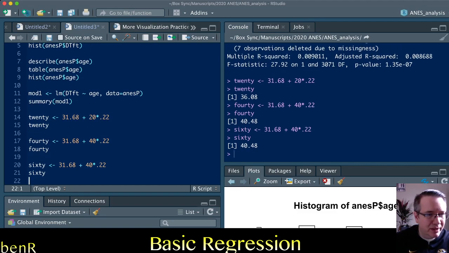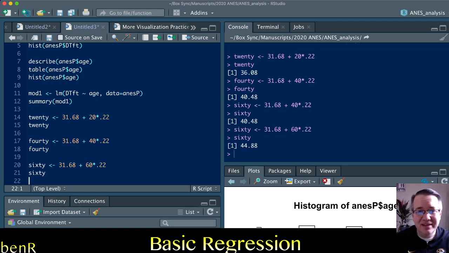Oops, what did I do wrong? I forgot to change that to 60. Okay, so this is telling us that our best guess is that a 60-year-old would score Donald Trump a 44.8, or almost a 45. So we go from 36 to about 45 when we go from 20 to 60, which means that on average, I would say that age doesn't have very much influence on how people evaluate Donald Trump.